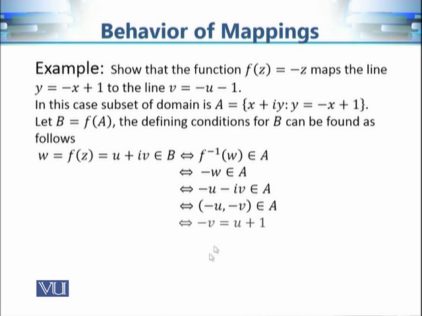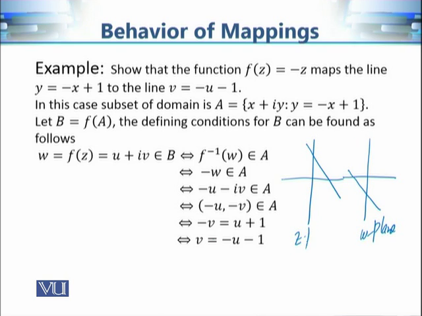In other words, we have the condition that minus v should be equal to u plus 1. So from here we can observe that given a line in the Z plane, which is this set A, the image in the W plane is another line, which is this line.